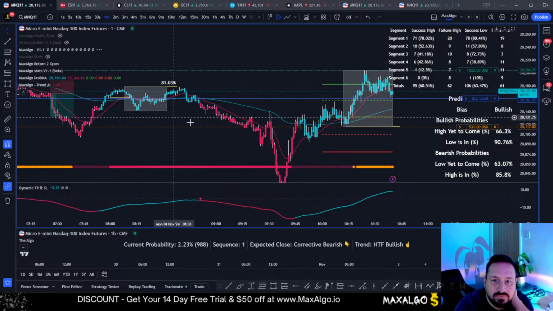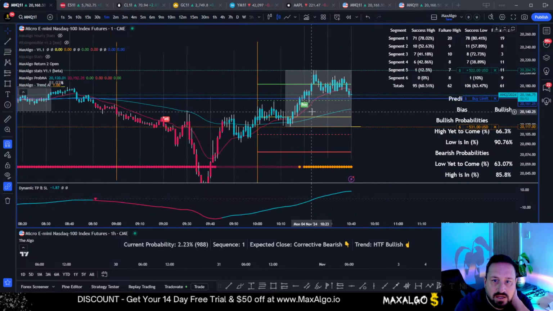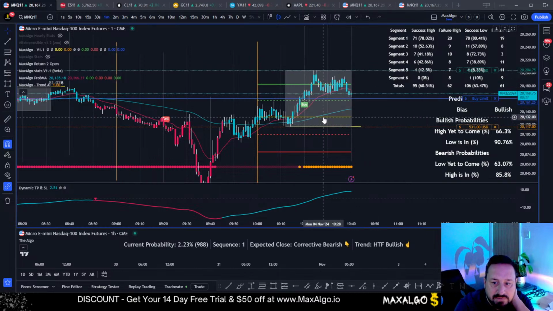That's what's missing. We've got data on our side from a statistical point of view. We've still got 66% probability of the high going, 90% probability this is our low for the hour. So it might be a case of we finish the hour without taking the high and I need to manage the trade, which is fine.